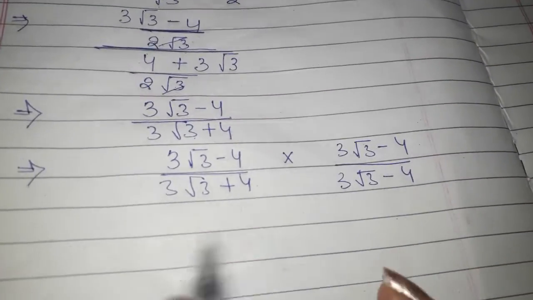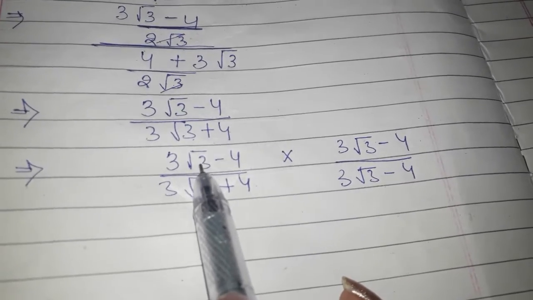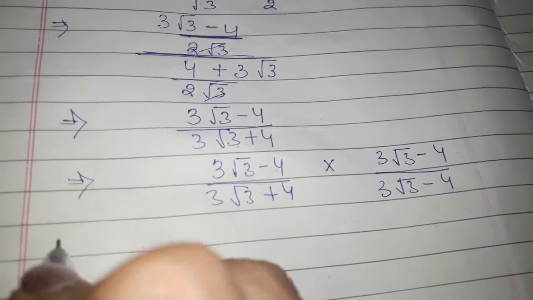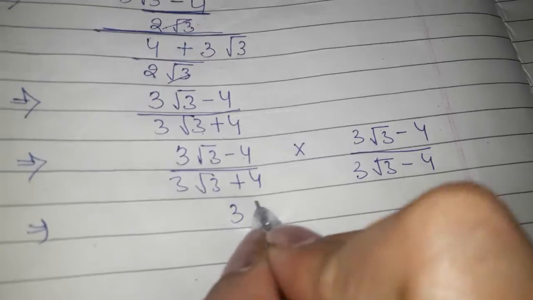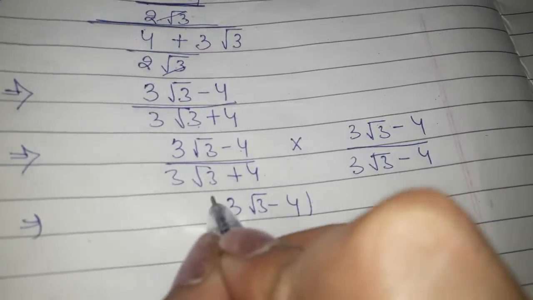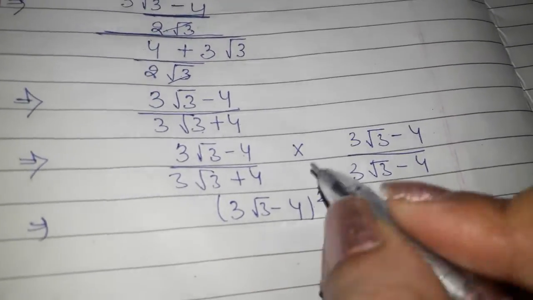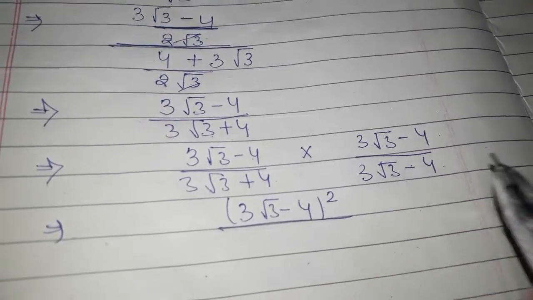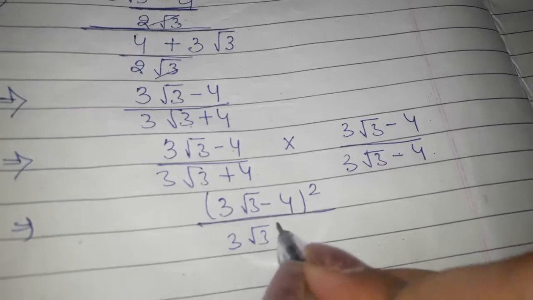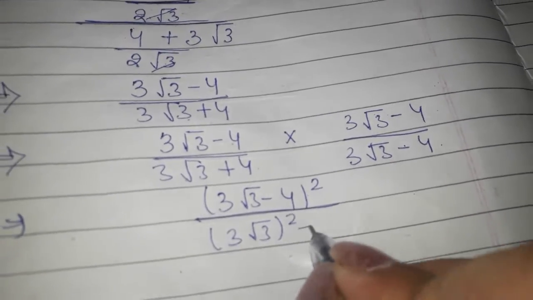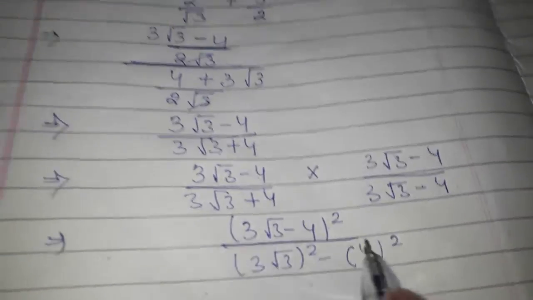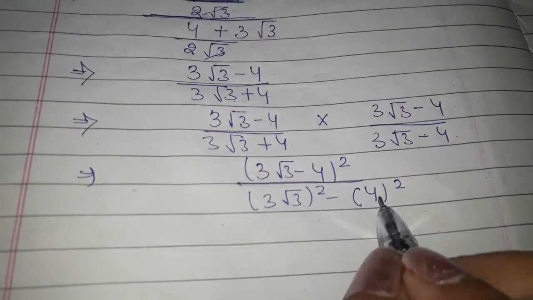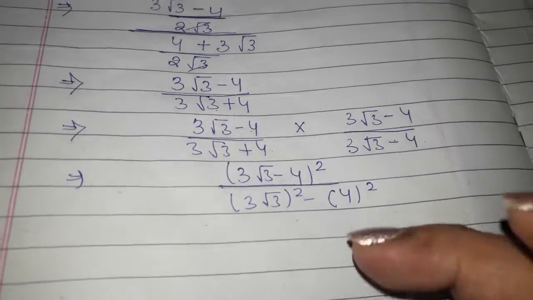Now this is a minus b into a minus b, that is a minus b square. 3 root 3 minus 4 whole square, or you can simply multiply the brackets. This is a plus b, a minus b, so it will become a square minus b square.